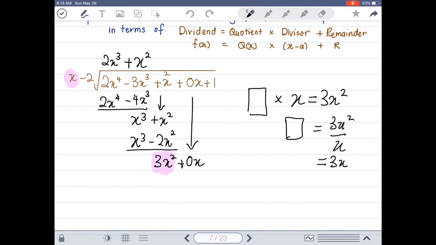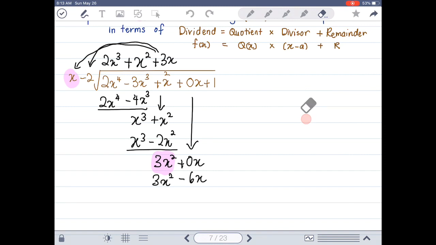So here you write down plus 3x. Next, 3x times x, you should get 3x squared. 3x times negative 2x, we get minus 6x.